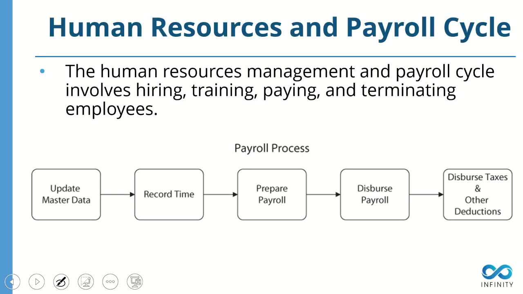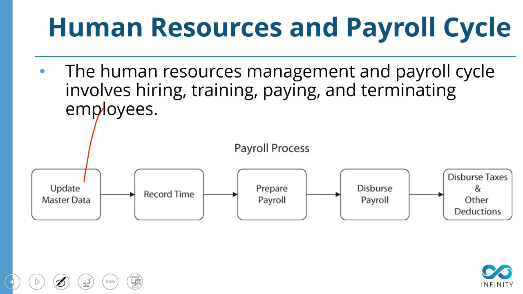This is human resources and payroll. You can use AIS to manage your human resource management. Here you will update the master data. When you are hiring someone, you have to enter all the information about that employee.